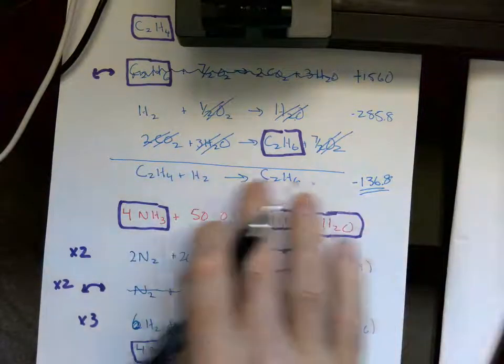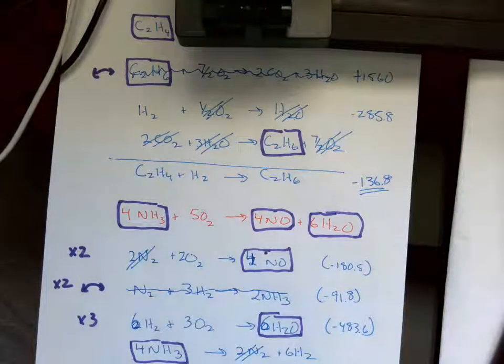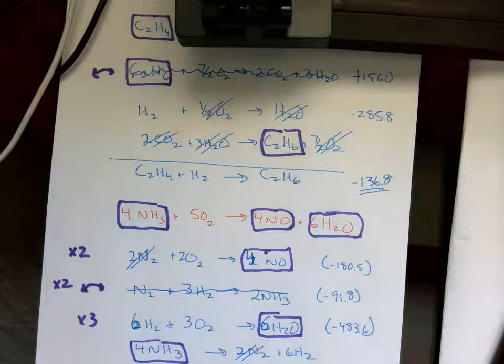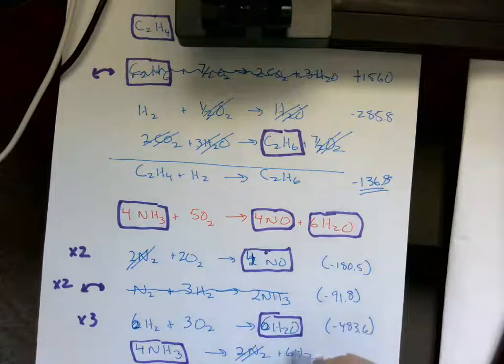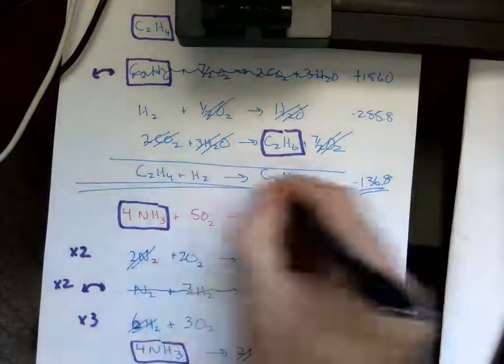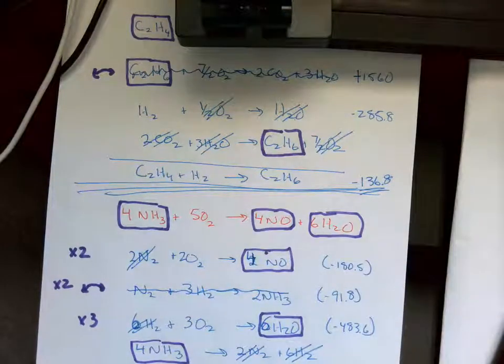So there's no N2s in the target, so my N2 should cross out. There are 5 O2s. I've got 2 and 3, there is 5. There are no H2s in my target, so I should be able to cross out my H2s. I'm going to put a double line there so I know that I'm working down here.